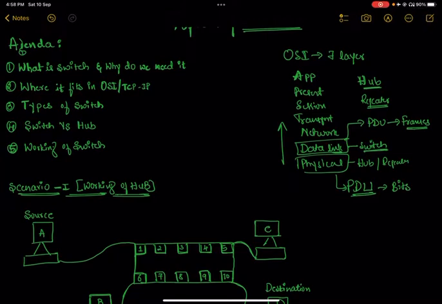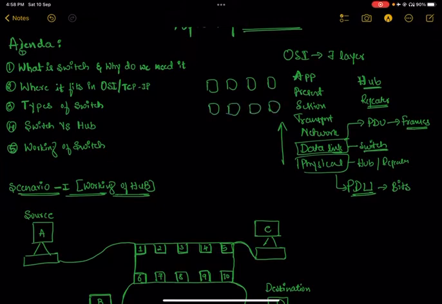Assume that you are sitting in a lab which consists of around 30 plus or 40 plus computers, where you try to work on different technologies. Assume that these are the computers. You are sitting in a lab.